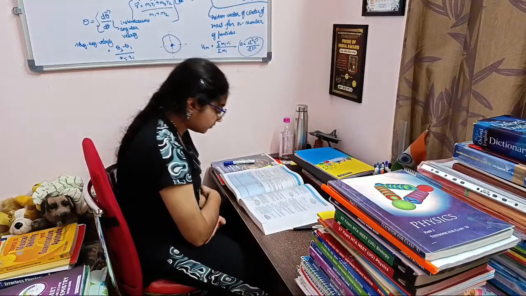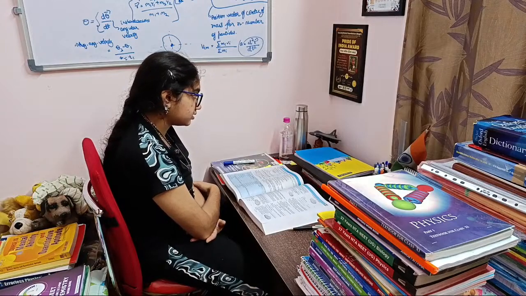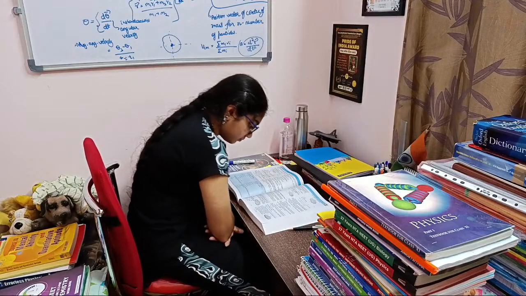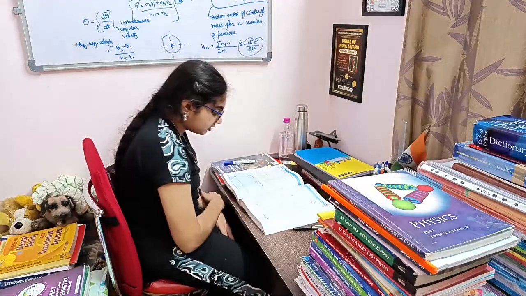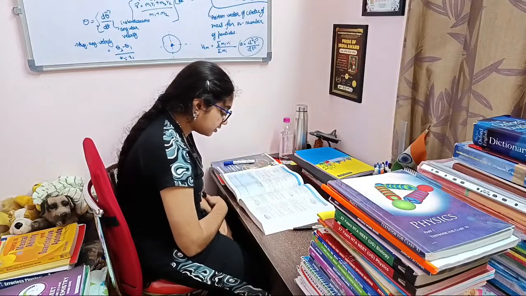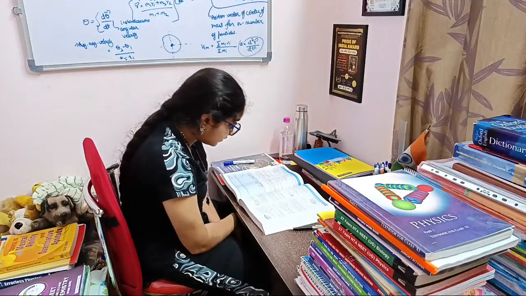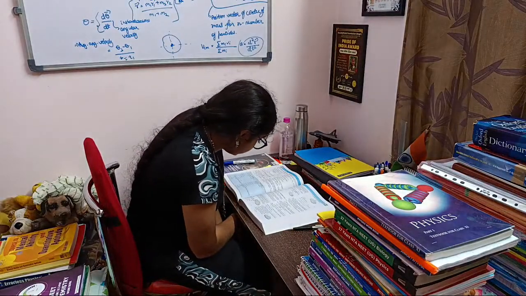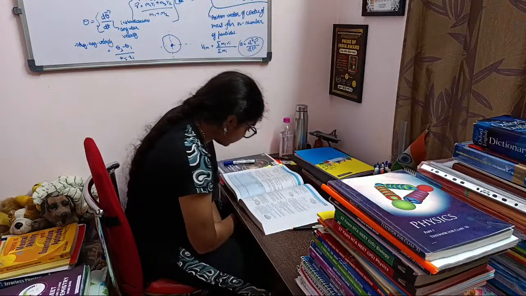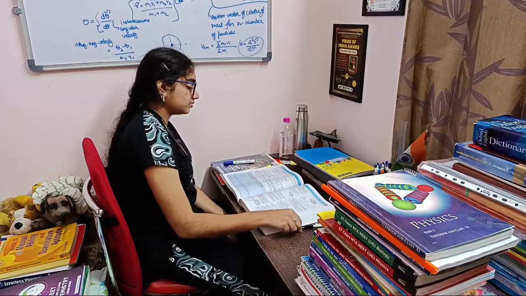The radius of gyration of a body about a given axis is the perpendicular distance from the axis, where, if the whole mass of the body were concentrated, the body would have the same moment of inertia. When the square of the radius of gyration is multiplied with the mass of the body, it gives the moment of inertia.